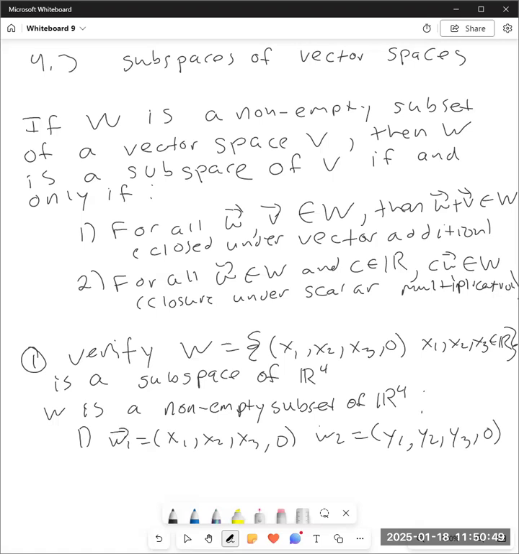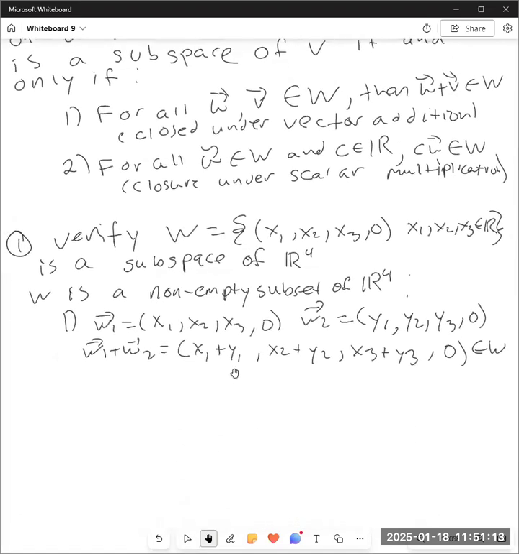W1 plus W2 is equal to x1 plus y1, x2 plus y2, x3 plus y3, and then 0 plus 0 is 0, which is in W. So we have closure under vector addition.